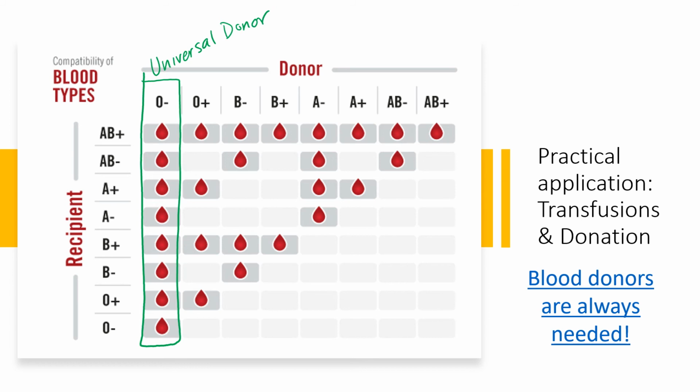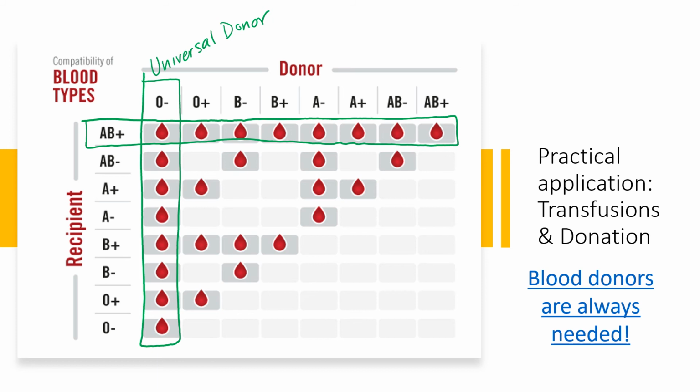They have no antigens on the outside of their blood, as far as we're concerned here, whatsoever. Therefore, there's nothing for anybody else's immune system to recognize, so their blood can go into anyone else. AB positive can get blood from anyone else.